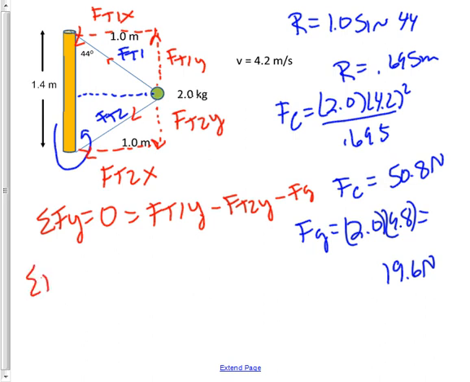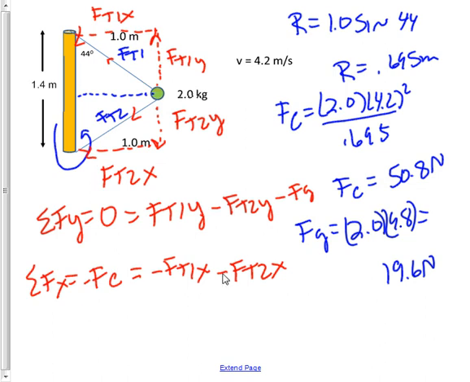Now the sum of the forces in the x direction are different. That will equal the force centripetal. Let's take a look at that. Force centripetal will be pointing this way, so that'll be a minus sign because force centripetal is pointing to the left. That's going to equal a minus force tension 1 in the x, pointing in that direction, and then minus force tension 2 in the x, because that one's also pointing in this direction.